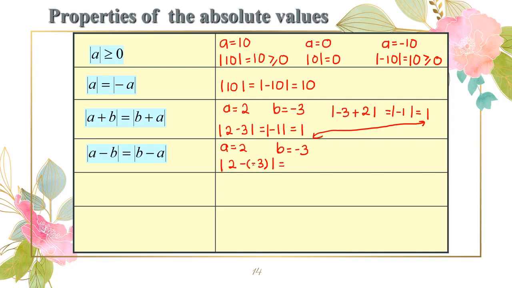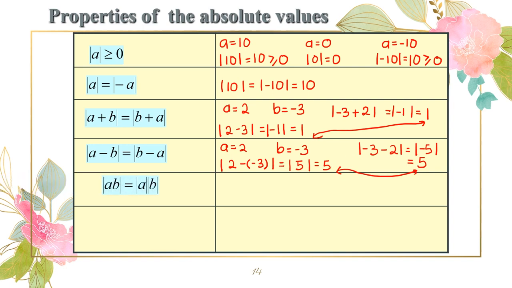Two negatives become plus, so 2 plus 3 becomes 5, and the absolute value of 5 is 5. How about if we change the order, negative 3 minus 2 this time? Negative 3 minus 2 gives us negative 5, but with the absolute value, it gives us 5. So it proves that it gives the same answer no matter the order.